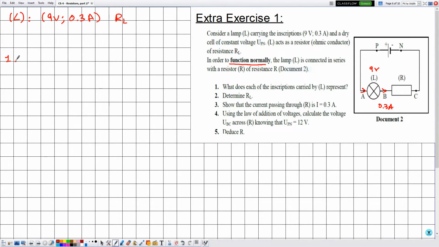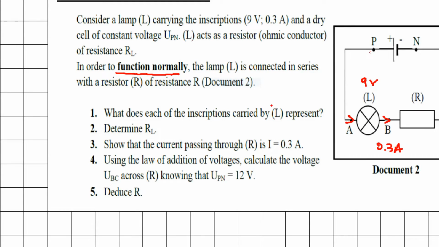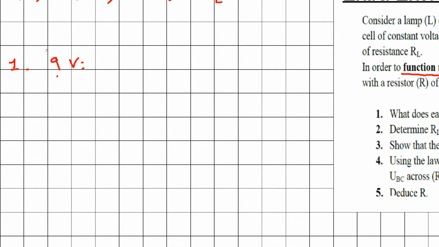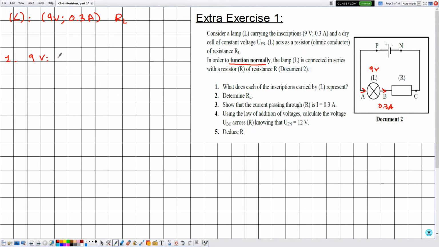In number 1, they are telling me what does each of the inscriptions carried by L represent. Now 9 volt, these are the inscriptions. So notice that 9 carries the unit volt, which represents the voltage. Then it is the rated voltage of the electric component, the lamp L, under which it functions normally.